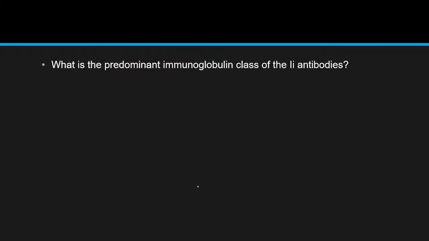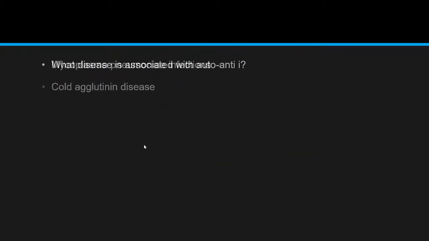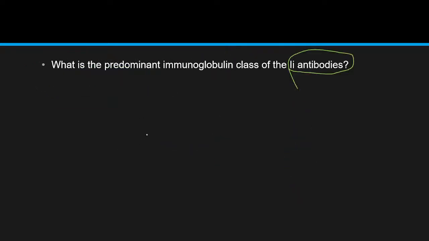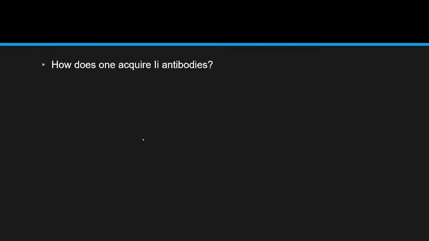So please be careful. All right. So the predominant immunoglobulin class of the I antibodies is, of course, IgM because they're cold reacting. Look, cold agglutinins, plus Mycoplasma pneumoniae. All right. So those are the discussions that we're going to talk about with regards to I antigens.